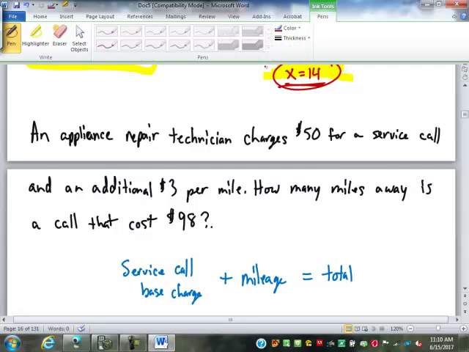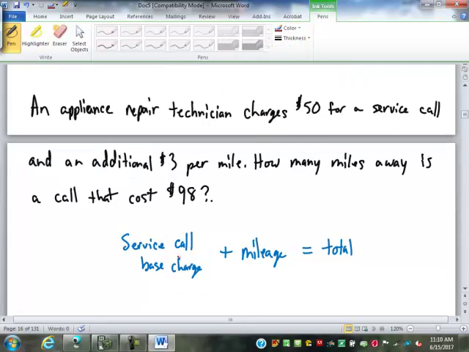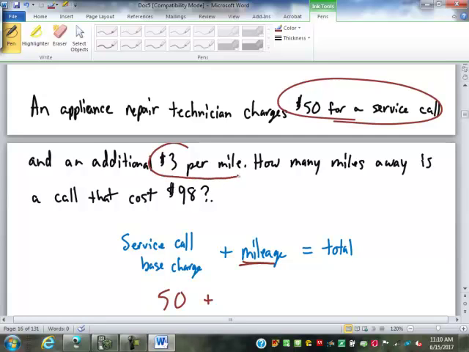For this situation, what do I know about the service call base charge? $50. How about the mileage charge? $3 per mile. And here's where our variable comes in. So we're going to let our variable equal the number of miles. I'm going to use M for miles.